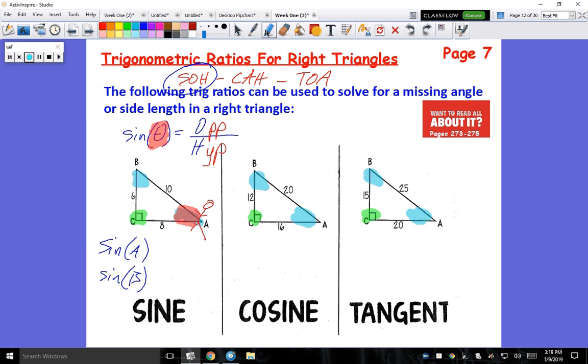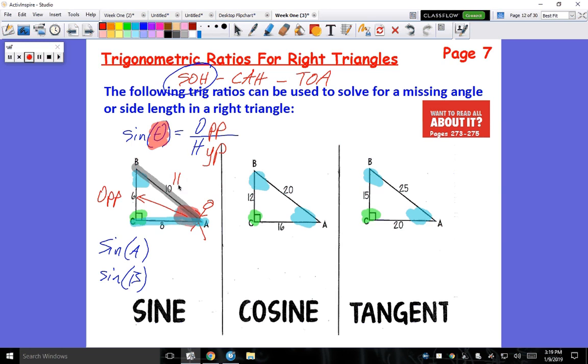So if I put my body right there, I can imagine with my hand, if you will, my right hand is 10. My left hand is 8. Okay? And this 6 way over here, it's none of my hands. This is like an opposite side. So from the video that we saw at the beginning of class, this is opposite from where I'm standing.